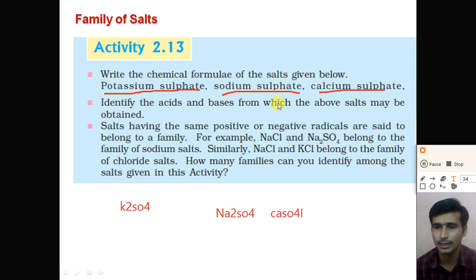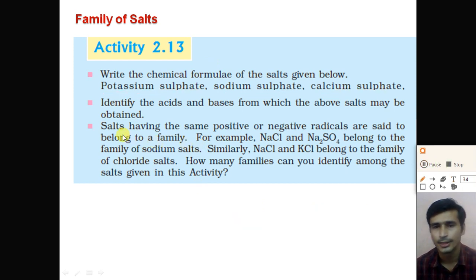When sulfuric acid reacts with potassium hydroxide KOH, we get the K2SO4 salt. Similarly, sulfuric acid H2SO4 reacts with NaOH, we get Na2SO4, right. Calcium hydroxide reacts with sulfuric acid, we get CaSO4.